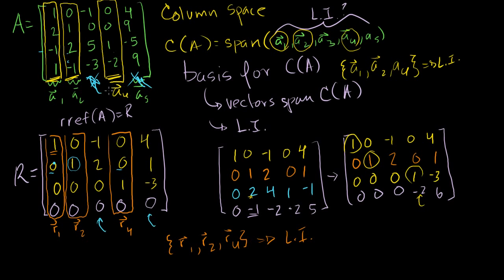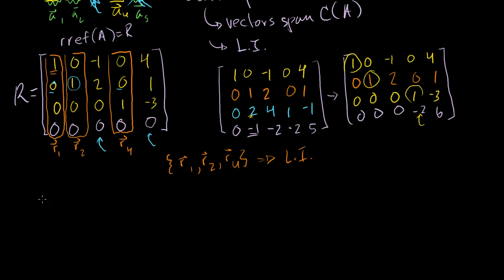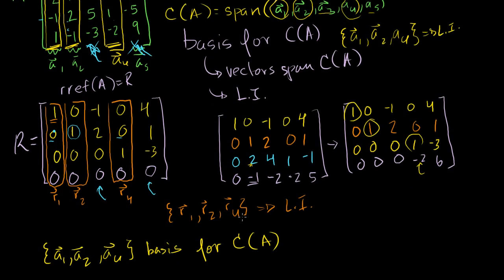And now we can answer another question. So A1, A2, and A4 form a basis for the column space of A, because you can construct the other two guys with linear combinations of our basis vectors, and they're also linearly independent.